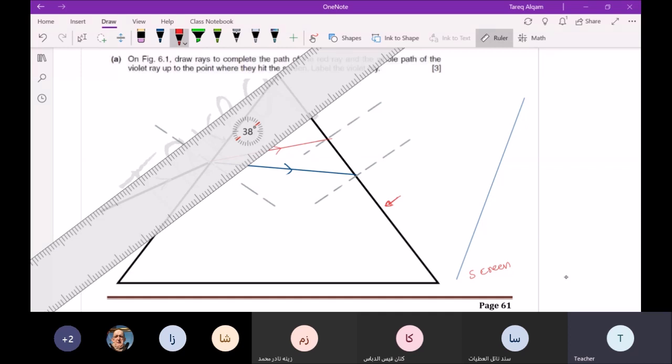Guys, at this boundary both rays will bend away. Why? Because they are going from denser. At this boundary, the light is coming from denser to less dense. Here, what? Less dense.